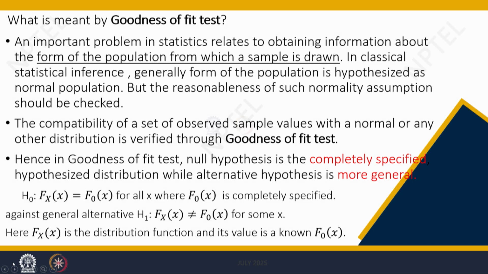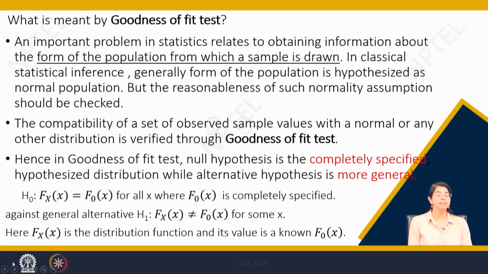An important problem in statistics relates to obtaining information about the form of the population from which a sample is drawn. In classical statistical inference, generally the form of this population is hypothesized as a normal population, which is common, that mostly we assume that, okay, let x1, x2, xn are coming from a normal population.